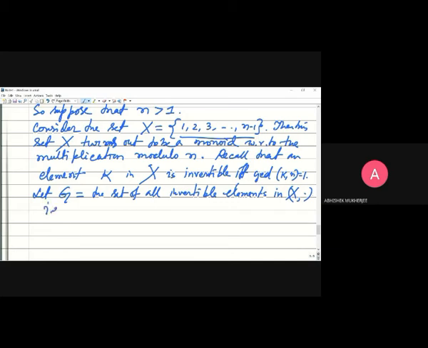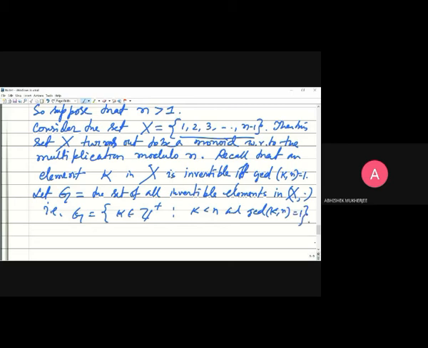That is, G consists of those k belonging to Z plus which are less than n, and GCD of k comma n is 1.